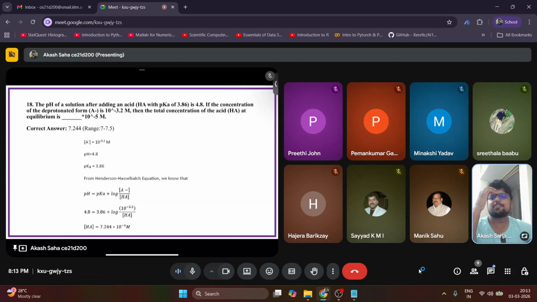In the answer, they have already mentioned 10 to the power minus 5, so you only have to report 7.244. You don't have to write the whole thing.